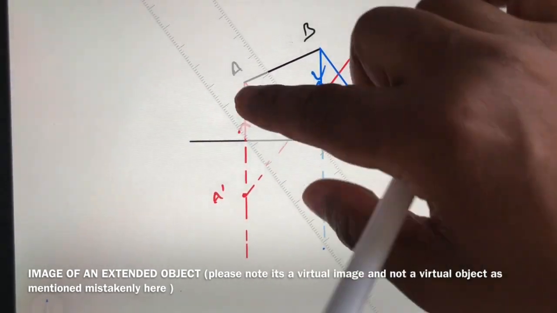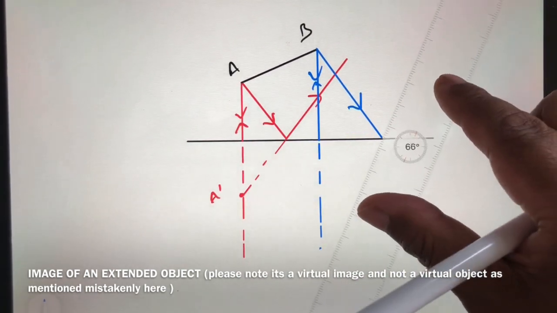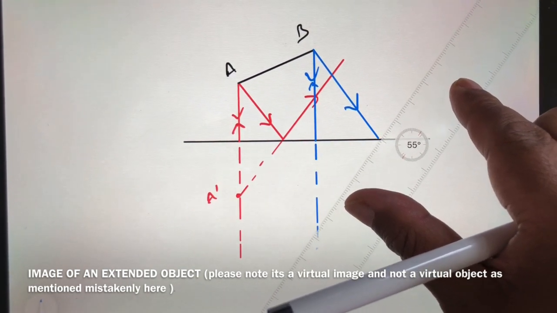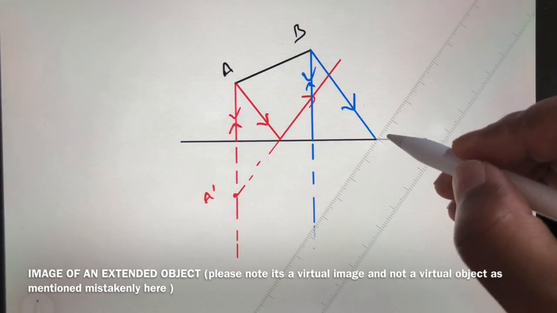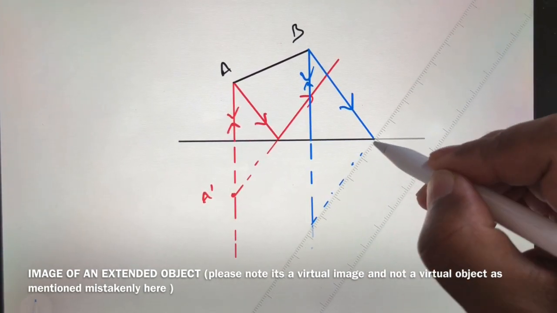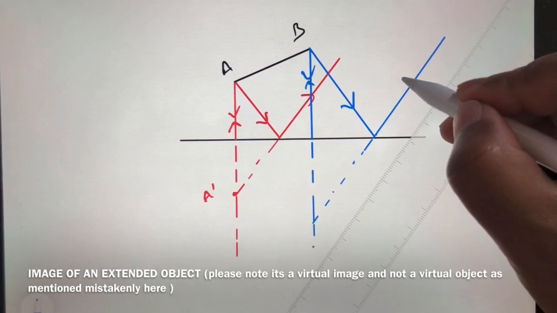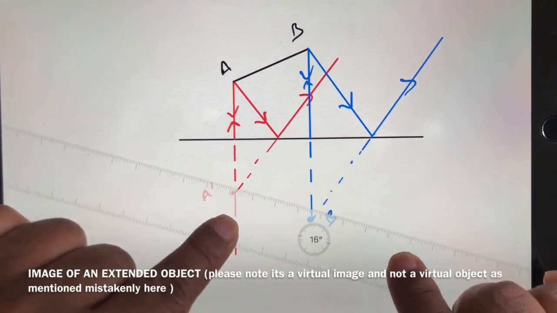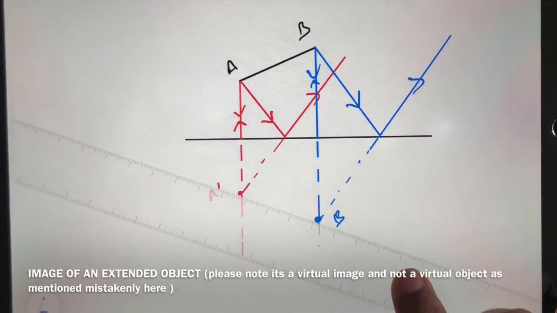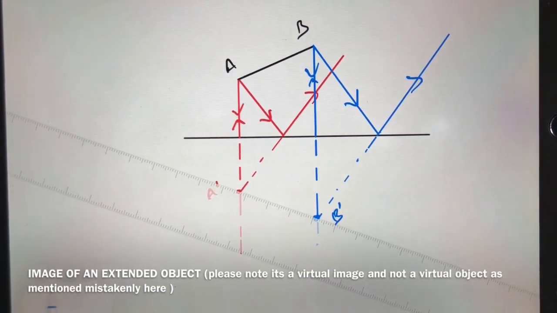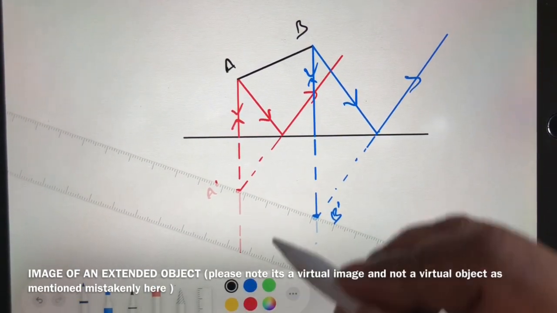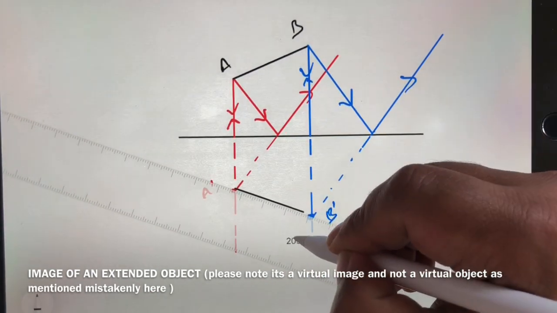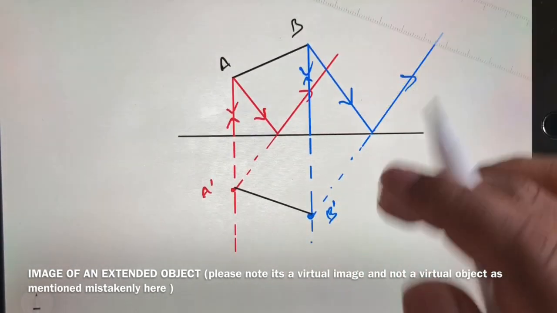So this is my incident ray, then my reflected ray will also be at 54. Of course in your case, as I told you, you will have to draw the normal. So here it appears to come from here. So this is your B prime. So if I join these two, this is the image.